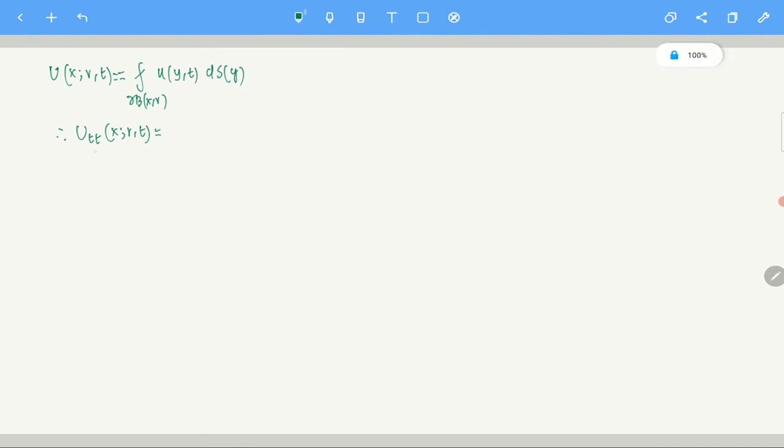If you take the t derivative, you can just take it inside, because the domain of integration is independent of t. So this will be the integral over the boundary of B(x, r) of u_tt(y, t) dS_y.